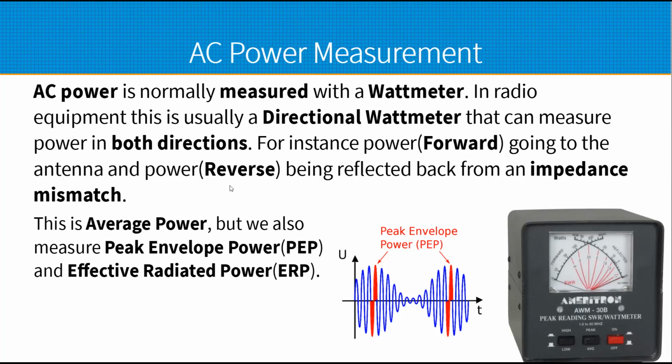The other thing that we measure is peak envelope power. Like I show in the diagram, when you have a modulated carrier wave, the peak envelope is the highest point of that envelope, not the average. Now, when you have an unmodulated carrier, the peak envelope power is the same as the average because there's no modulation.